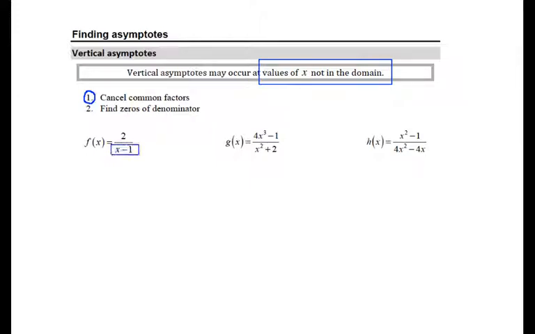So looking at this first function, f of x equals 2 over x minus 1, I'm going to take that denominator, see what makes the denominator equal to 0, and conclude that I must have a vertical asymptote at x equals 1.